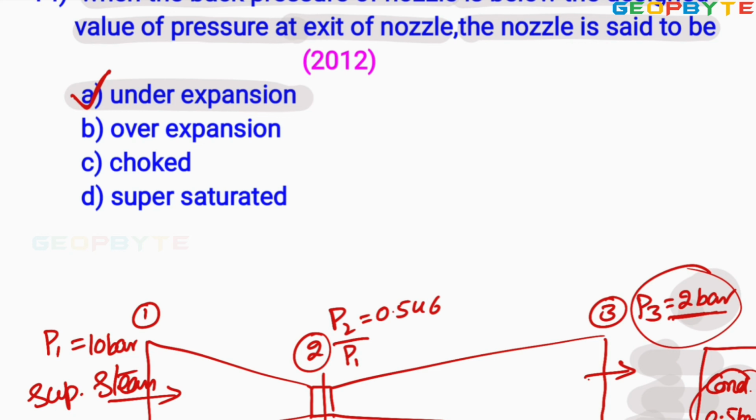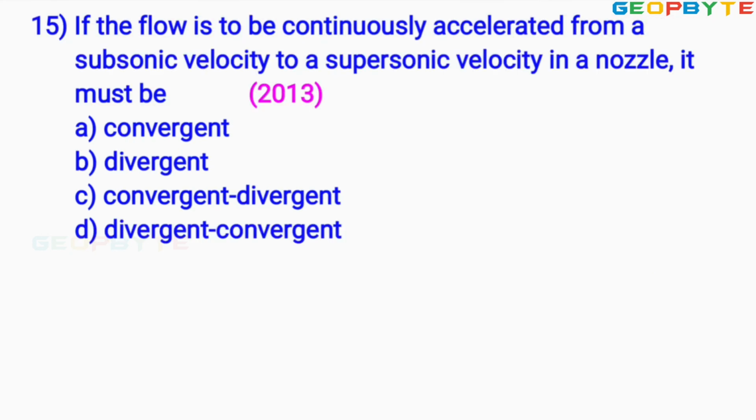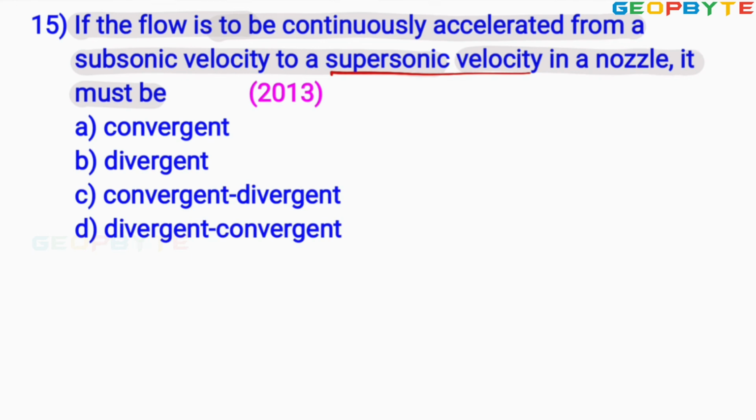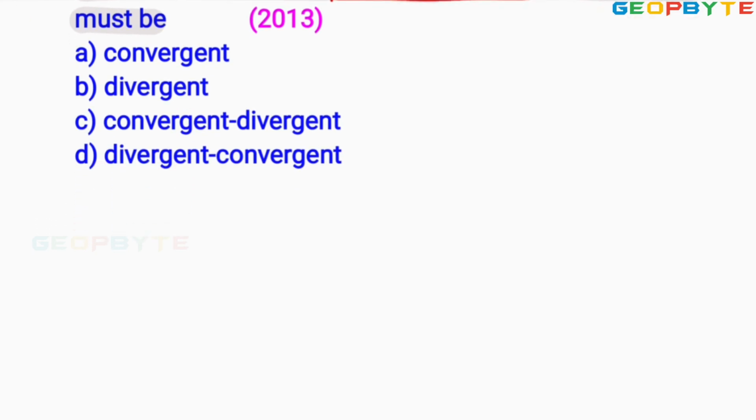Let us go for the last problem. If the flow is to be continuously accelerated from subsonic velocity to supersonic velocity in a nozzle, it must be, for getting the supersonic velocity, definitely a converging diverging nozzle.